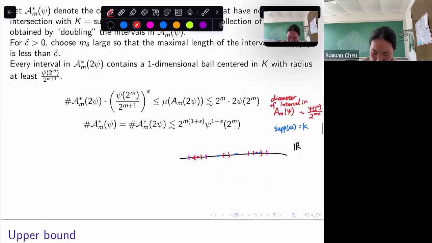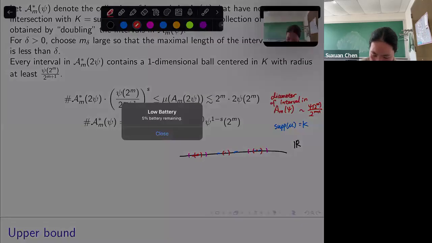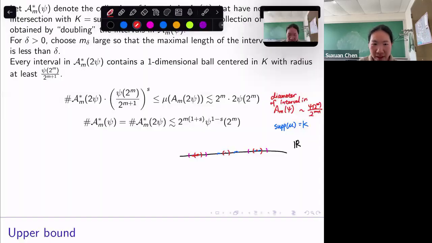Okay, maybe I should zoom in here a bit. Oh, sorry, I just need to charge the laptop.